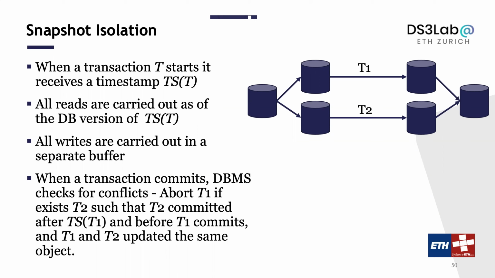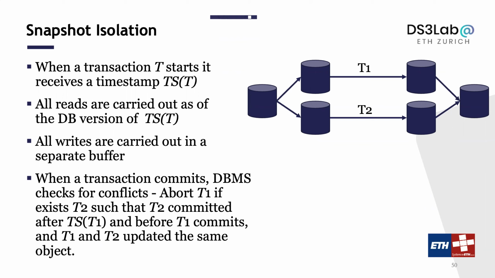I'm going to abort T1 if there exists a T2 such that T2 committed after the timestamp of T1, but committed before T1 commits. Essentially, T2 commits after T1 starts, but before T1 commits. And if T1 and T2 updated the same objects.